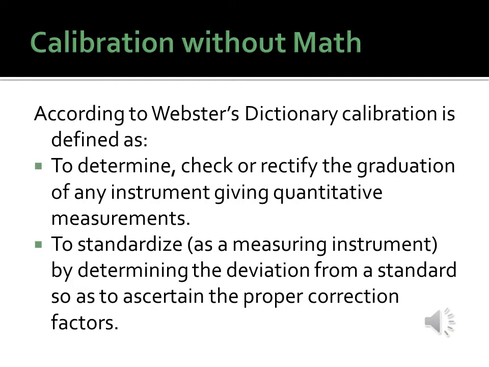According to Webster's dictionary, calibration is defined as to determine, check, or rectify the gradation of any instrument given quantitative measurements. Man, that sounds like chemistry class, don't it, instead of pest management? Or to standardize a measuring instrument by determining the deviation from a standard so as to ascertain the proper correction factors.